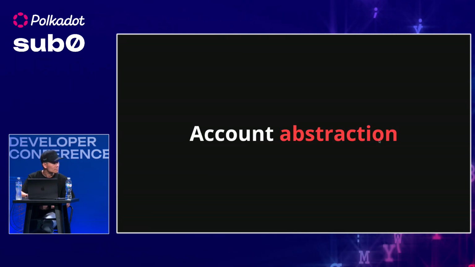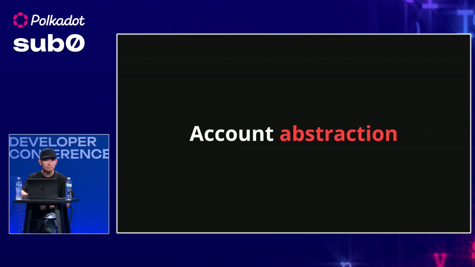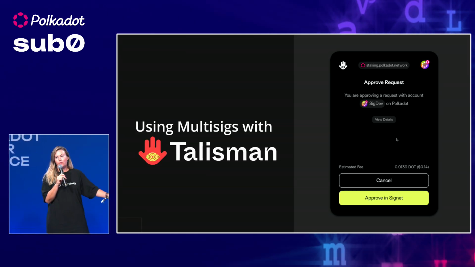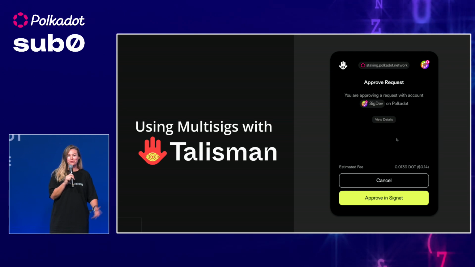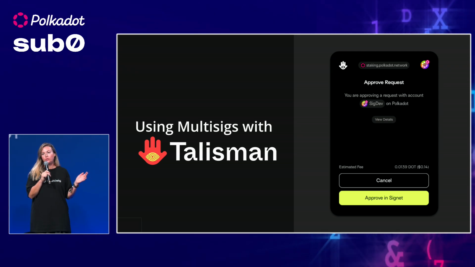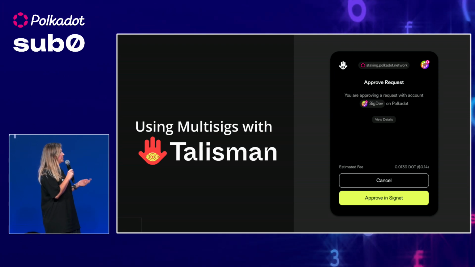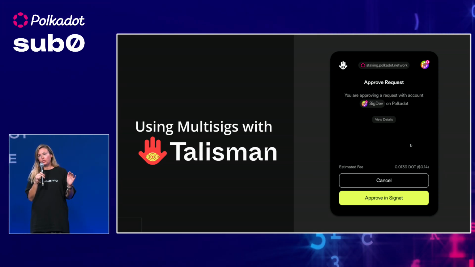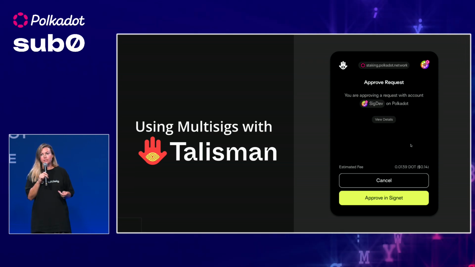Okay, so next we're going to talk about account abstraction and what it means for Signet. This is one of our really fun features to build with the broader Talisman team. This is all about how we use multisigs within the Talisman extension so that we can use multisigs with dApps to craft transactions.